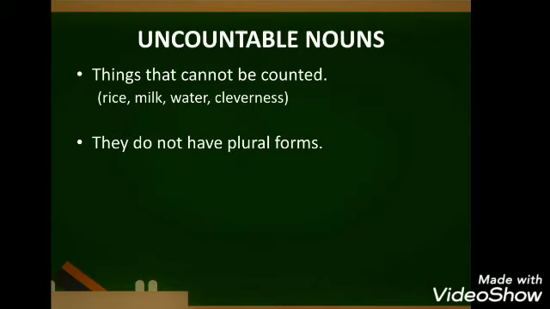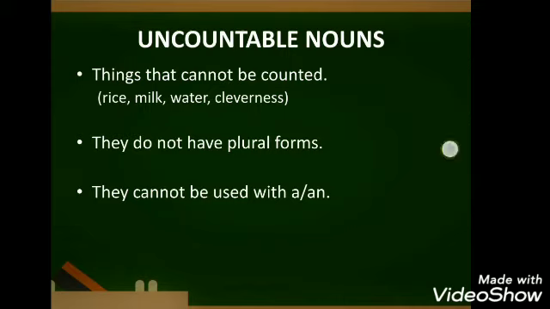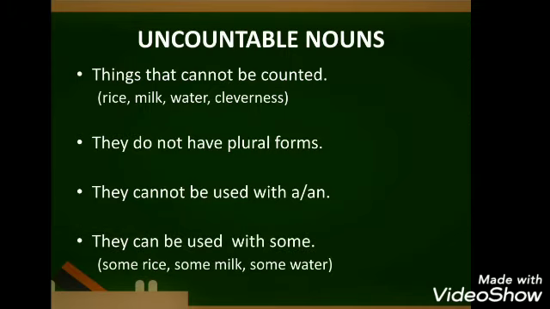The third point is they cannot be used with A or AN. Therefore, we cannot say a rice or a milk or a water, a cleverness. The fourth point is they can be used with some. For example, some rice, some milk, some water.